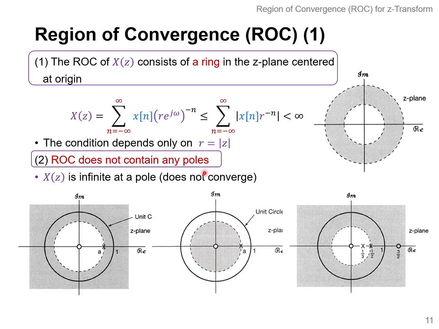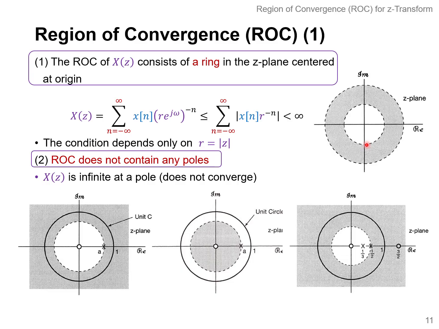Poles are points where X(z) becomes infinite. So the ROC never includes a pole. If a system has poles at 1/3 and 1/2, the ROC can be in 3 places: outside both poles, inside the smaller pole, or between the poles.